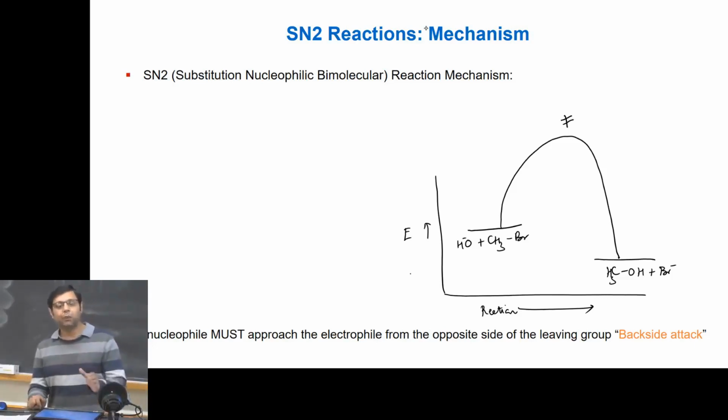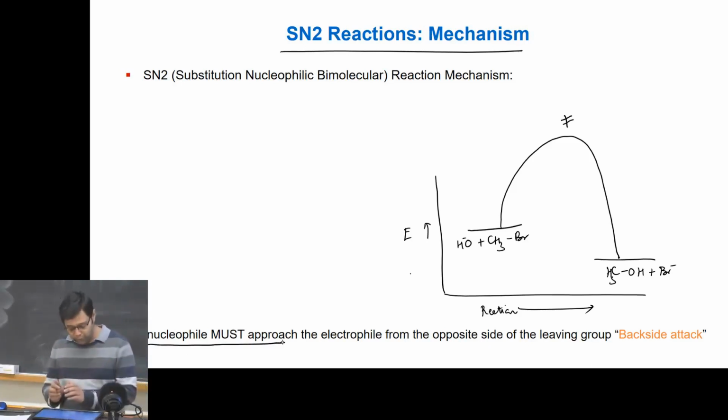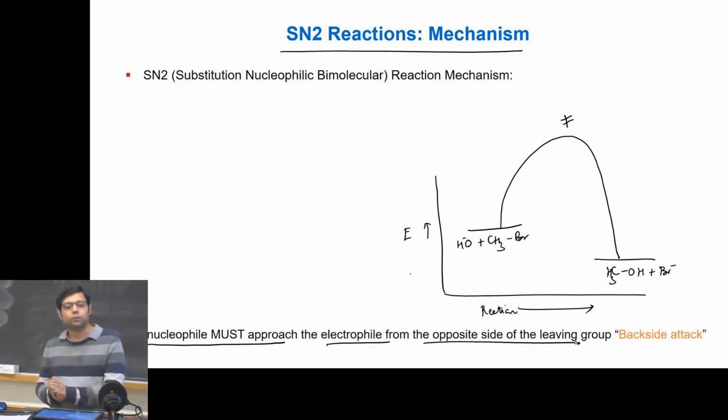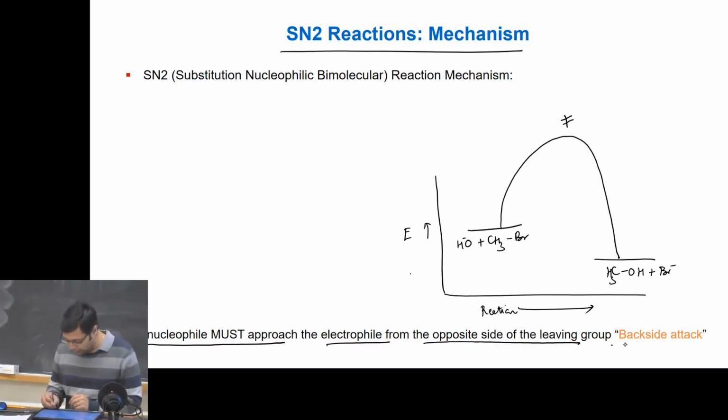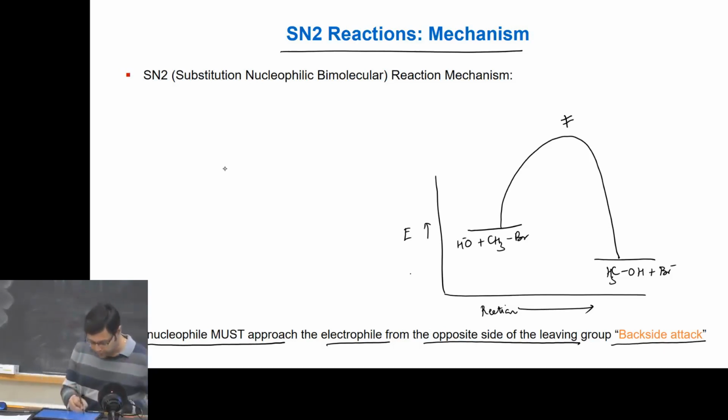Now one key point about the SN2 mechanism is that the incoming nucleophile must approach the electrophile from the opposite side of the leaving group, and this is called the backside attack. So let me show you what this means. You're starting off with this alkyl halide.